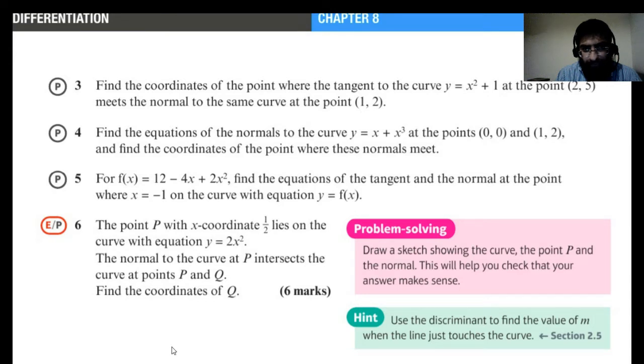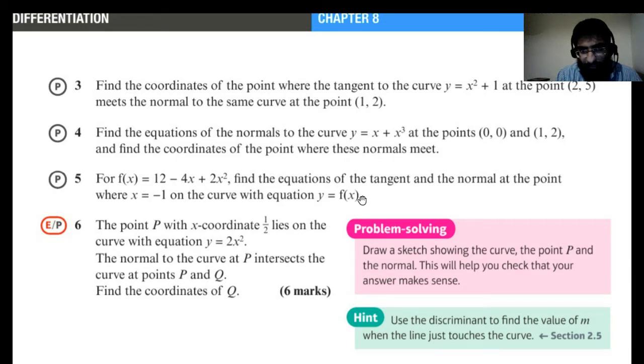The first step is to find the first derivative, which is 2x. At this particular point the gradient would be 4, since 2x becomes 2 into 2.